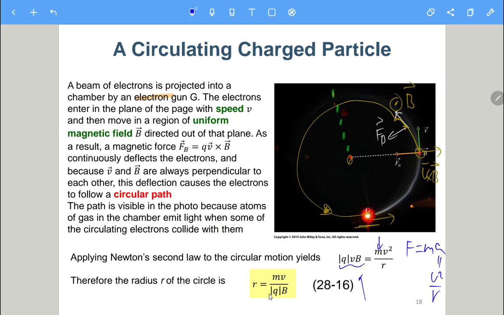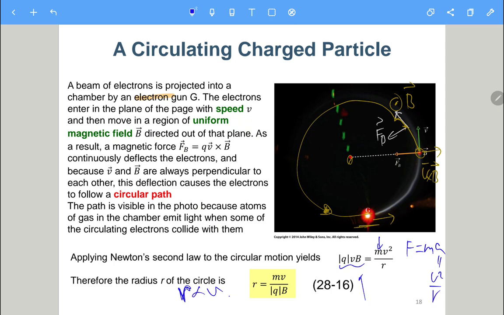So R is proportional to the velocity, which means that if the instantaneous velocity is larger, then the radius will also be larger.